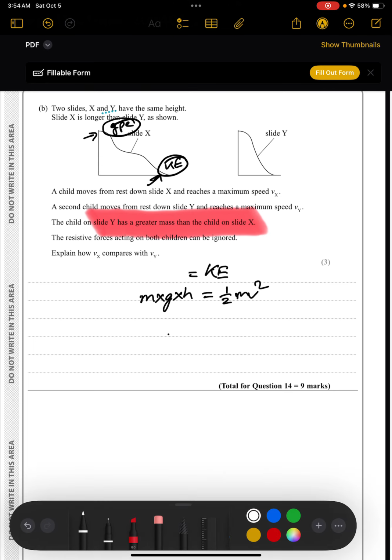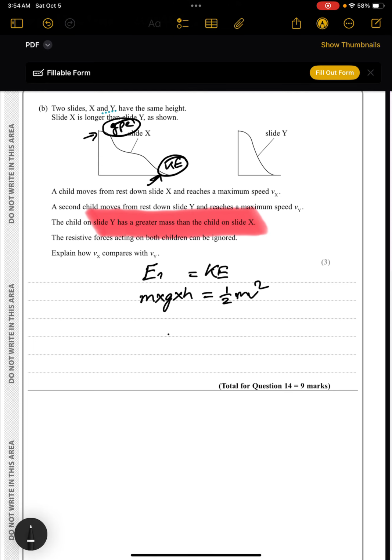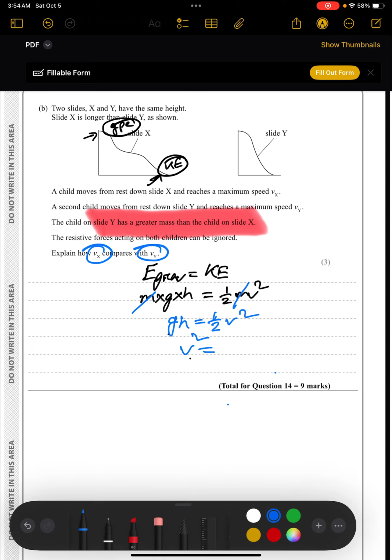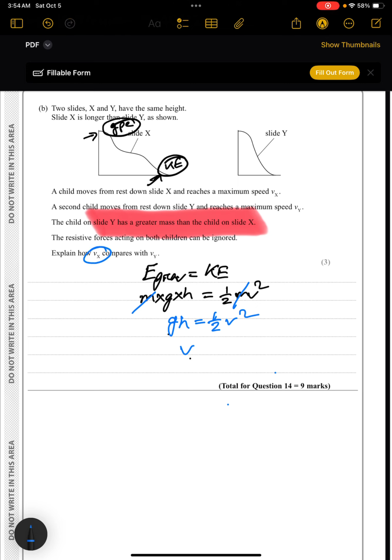We can remove this mass and this mass, so we are left with gh equal to half v square, and if we make v the subject, as we have been asked to find v, this v is equal to root over 2g into delta h.